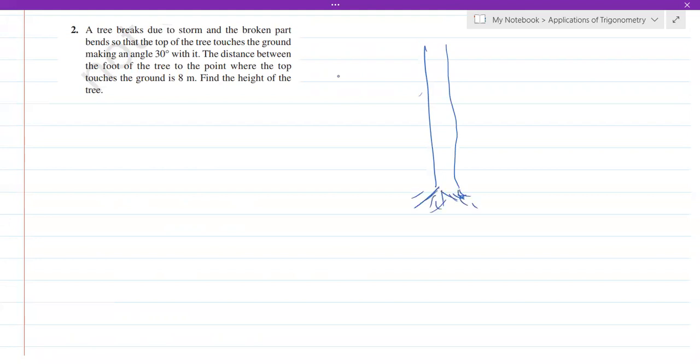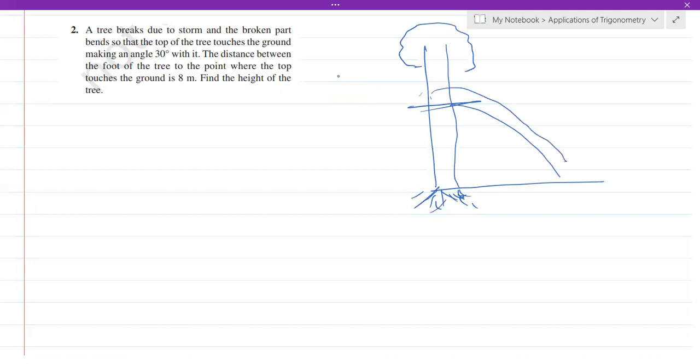This is the ground level. Due to the storm, the tree breaks at this point and the broken part is touching the ground.